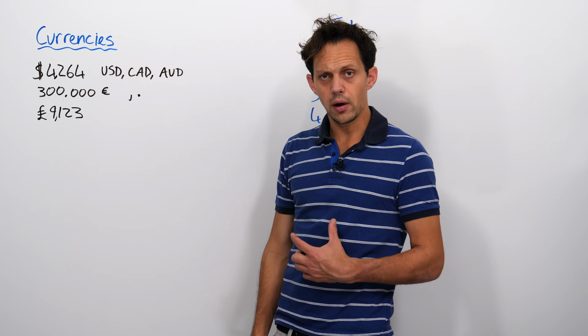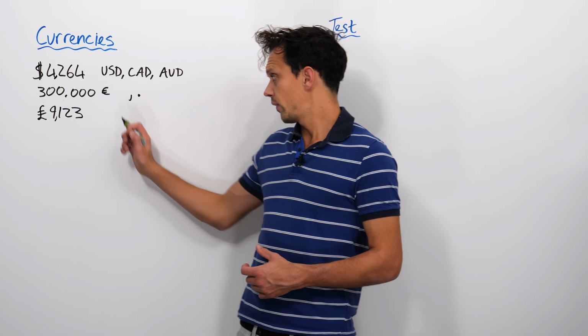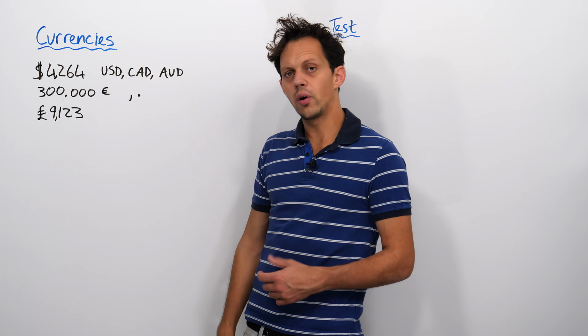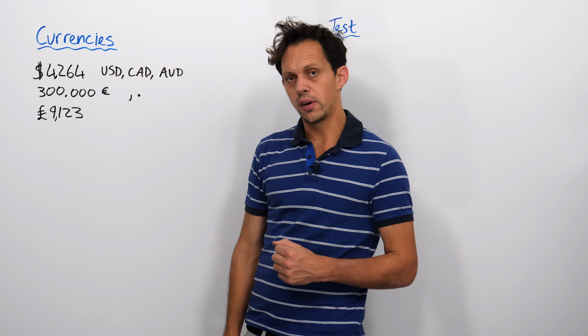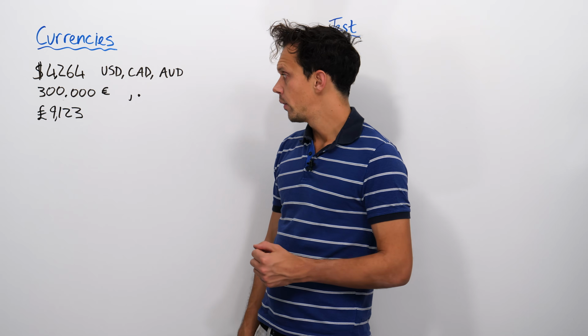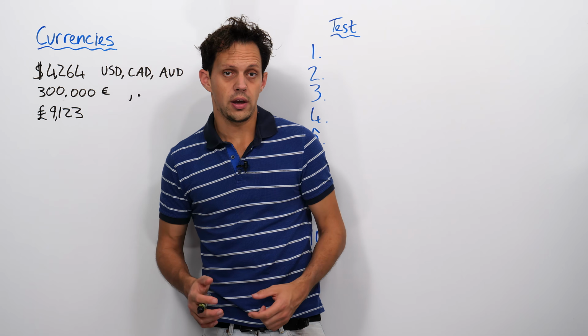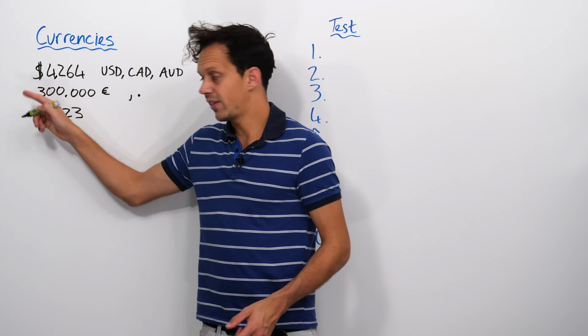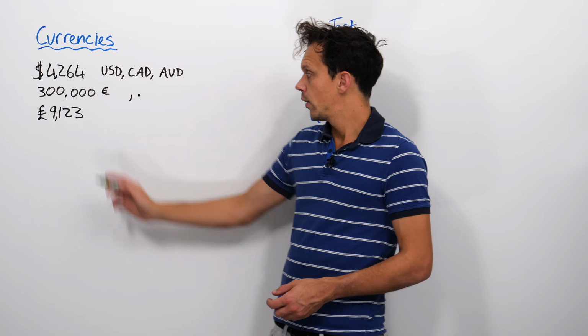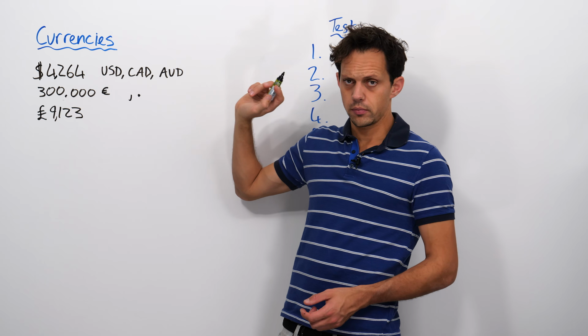Also, I noticed when I was in Spain that they will put the currency symbol at the end of the number. Okay? But if you are writing to a colleague who is not from Europe, then I would put it there. 300,000 euros.